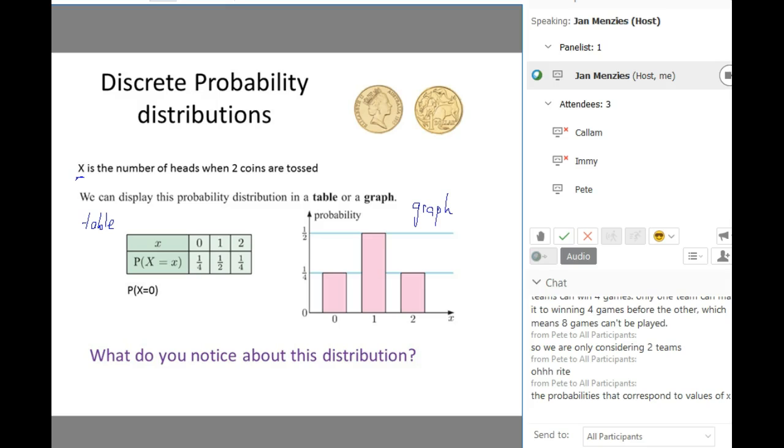Personally, I can see the symmetry, especially if the table had like 20 outcomes, or if it was skewed, more easily on the graph. And probably the most frequent outcome, I can work it out from the numbers, but I can actually see it. The most frequent is getting 1 head.